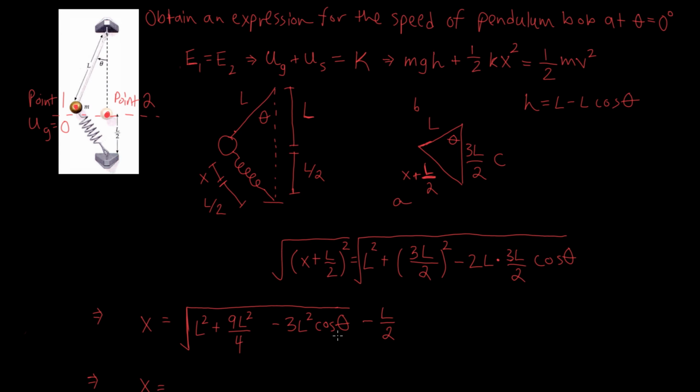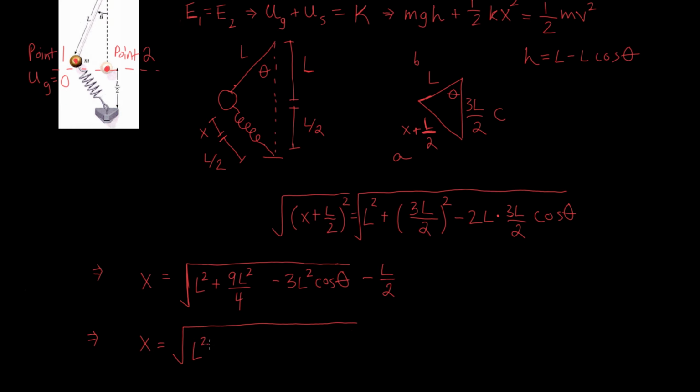And so notice that each term has an L squared, so we can just factor out an L squared from each of the terms inside of the square root.